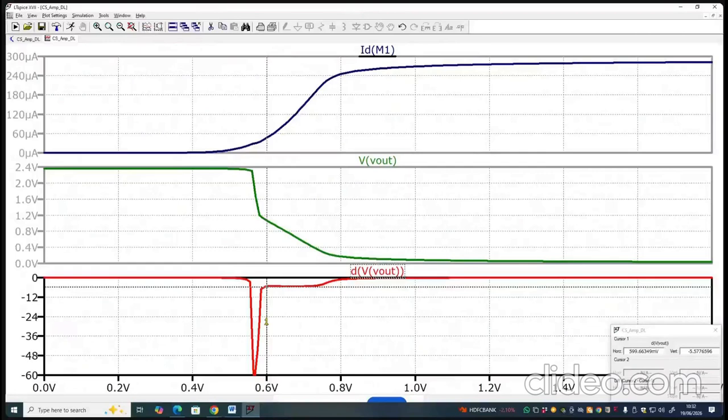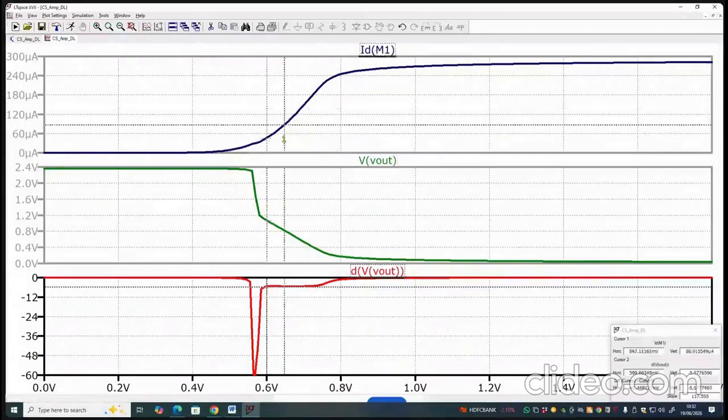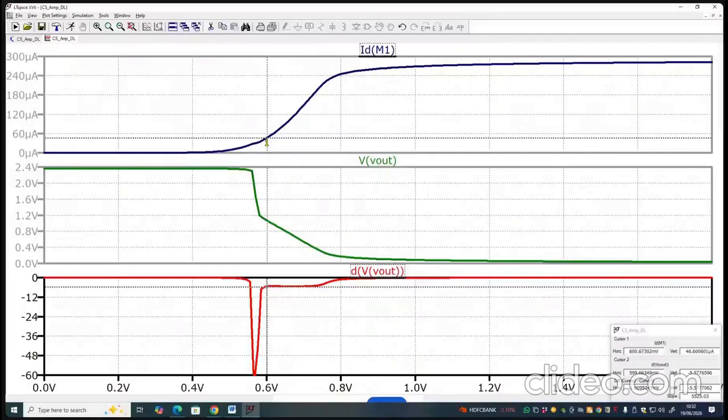So with a bias voltage of 0.6, we are getting a gain of say 5.57. And from here you can also see the output voltage is around 1.07, and the current is around 46 microampere.